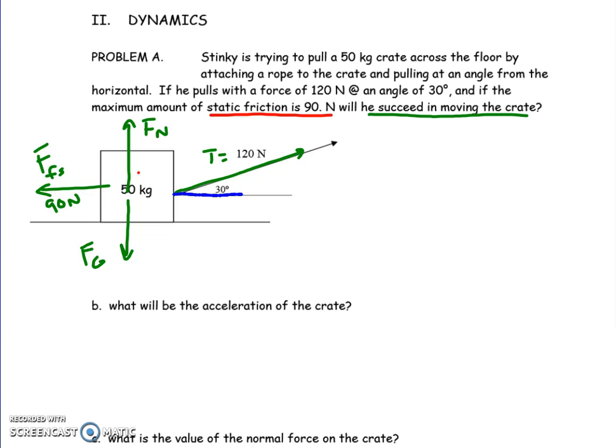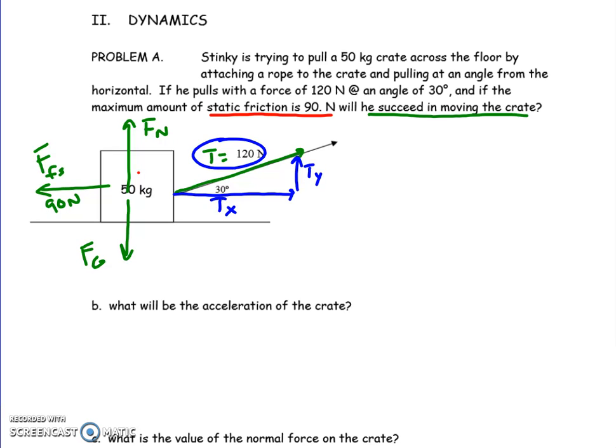One component is going to be to the right, and I'm going to stop right here, and then I'm going to turn upwards to make a right triangle. And I'm going to call this T sub X, and I'm going to call this T sub Y. So once again, we have that vector triangle where we take a particular force that's angled and break it up into horizontal and vertical components.